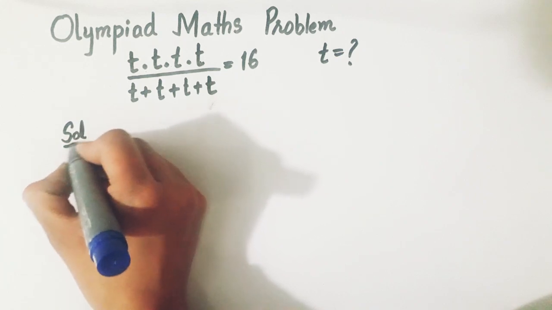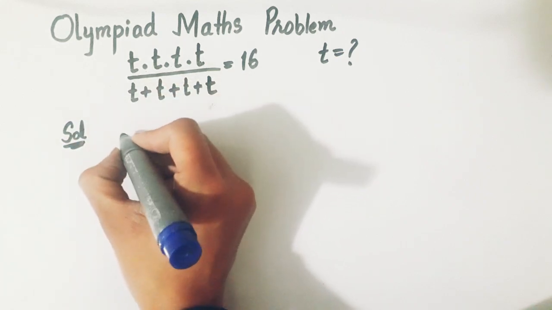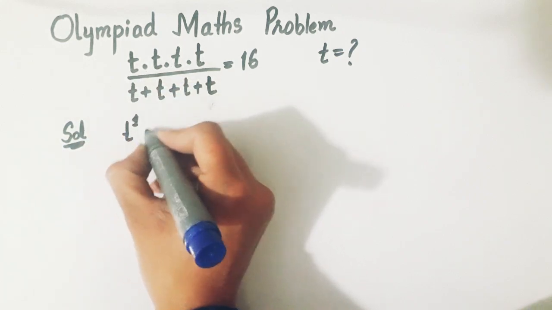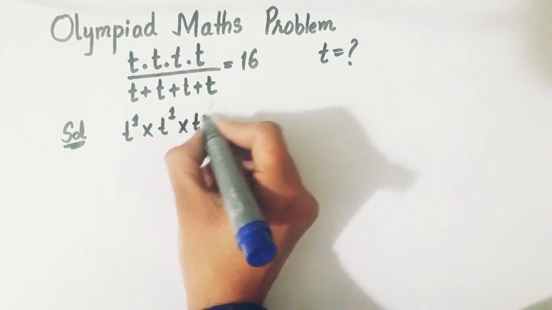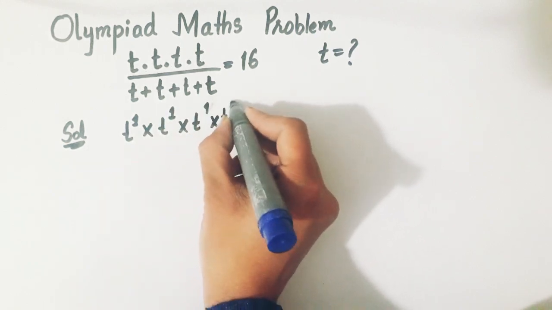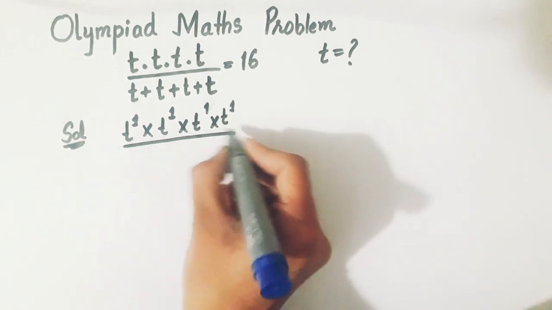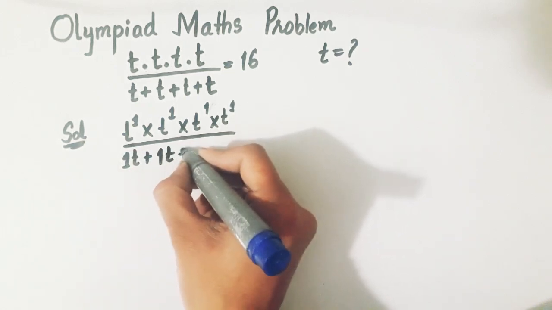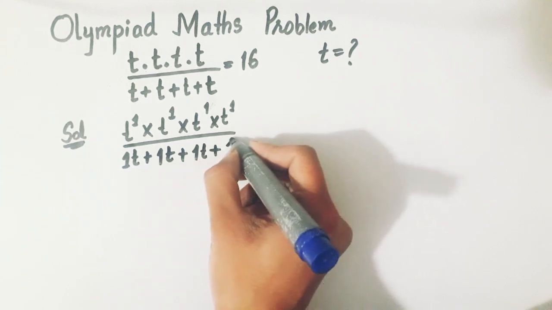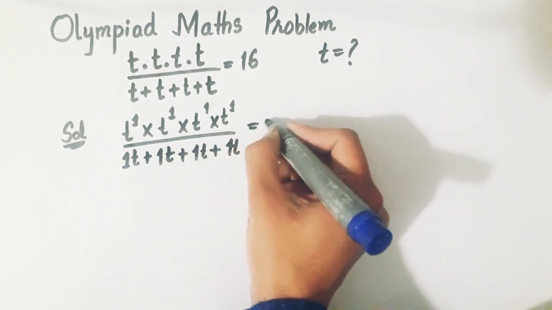First of all, we have t power 1 multiply by t power 1 multiply t power 1 multiply t power 1 and divided by 1t plus 1t plus 1t plus 1t equals 16.